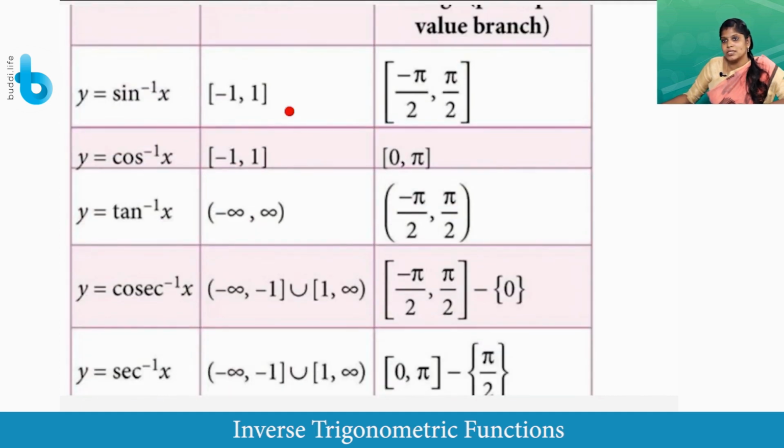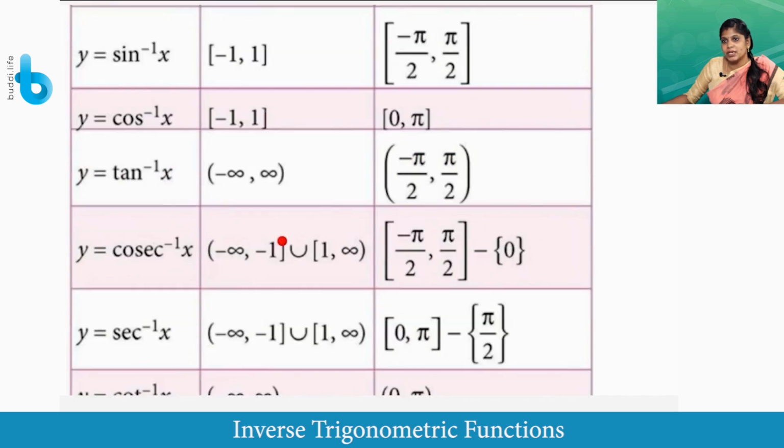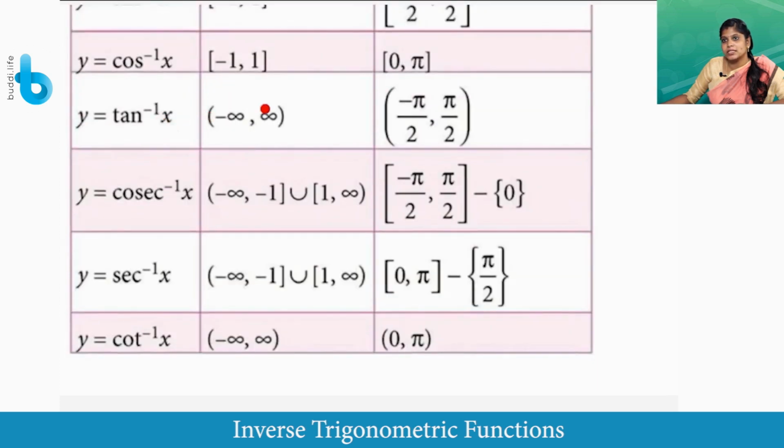Similarly, for cos inverse, again it's a closed bracket, so the domain is [-1, 1], and the range will be [0, pi]. Again for tan inverse, the domain is minus infinity to infinity. The range is minus pi by 2 to pi by 2. Now just check it very carefully.